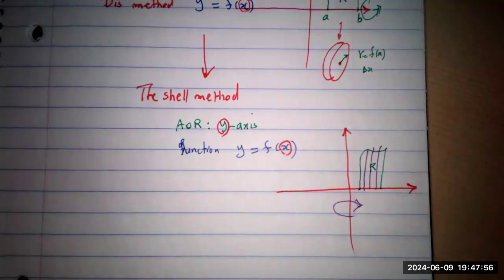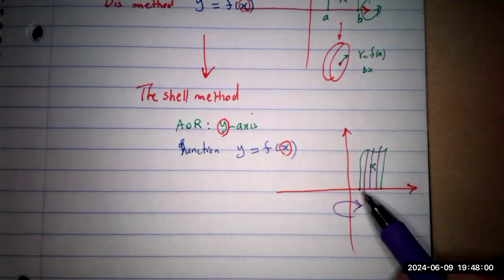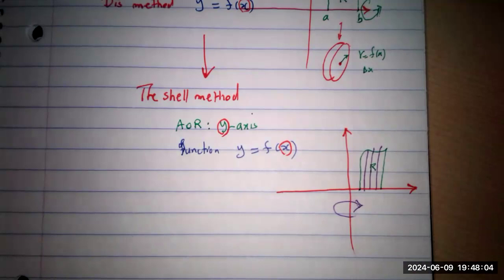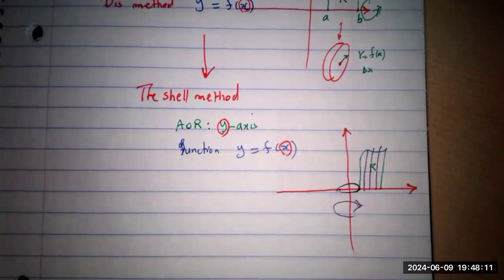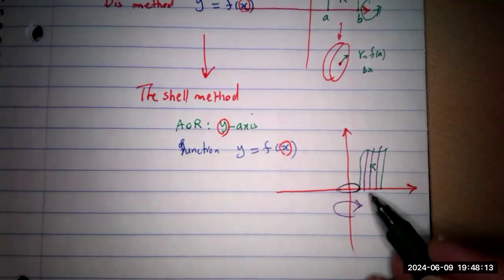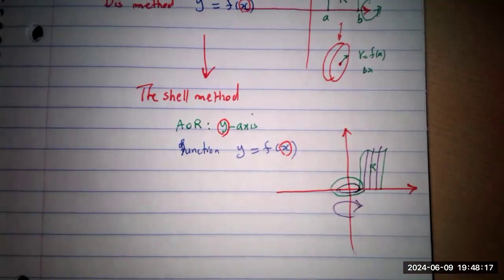If you partition it and rotate each of these rectangles, the rotation is going to give you one cylinder with this part. Then we get a bigger one with that part. It's the same thing on the top.